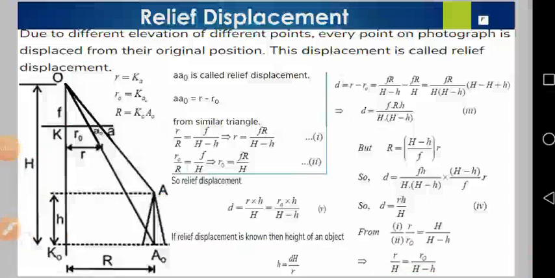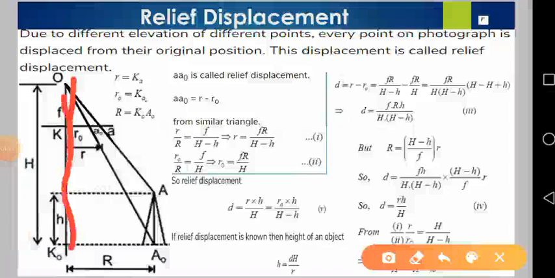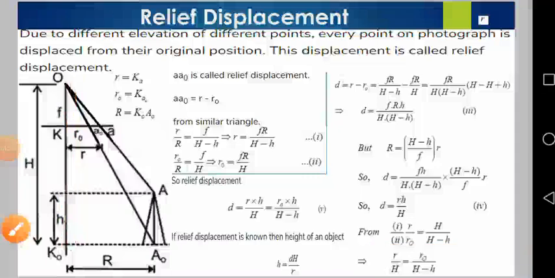So in this case, a a naught itself is the relief displacement. This vertical axis you are observing is called the principal axis, the vertical axis passing through the principal point, which is the geometric center of the photograph.